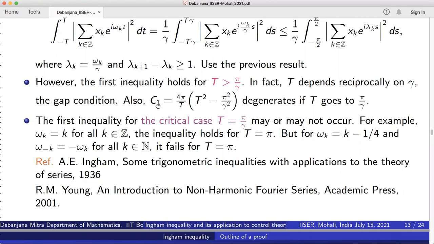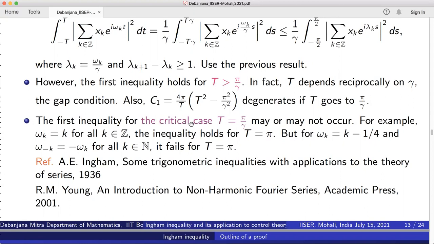So it's unlikely that in a general setup you can reach the T equal to pi by gamma case. However, this is the critical case when T is equal to pi by gamma, and in some cases you may get the left hand inequality, but there are also some examples where you don't get the inequality at T equal to pi by gamma.